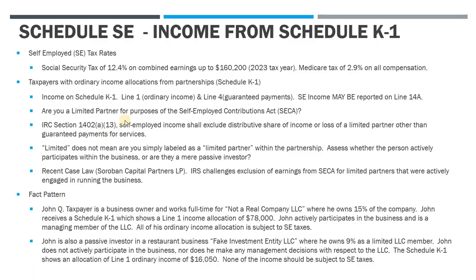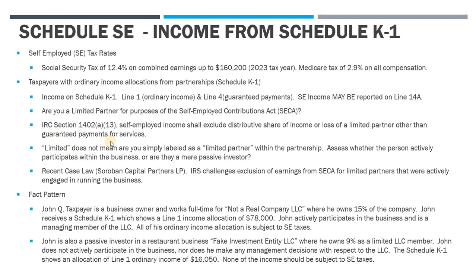So the question you need to ask yourself before completing SE is, are you a limited partner for purposes of SECA, the Self-Employment Contributions Act? And the reason why this determination is important is because of limited partnership income.